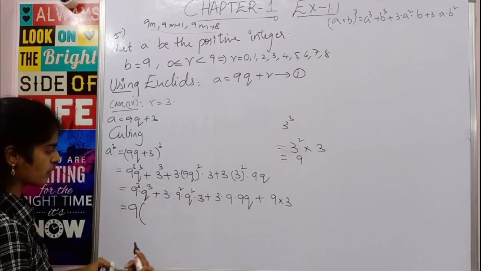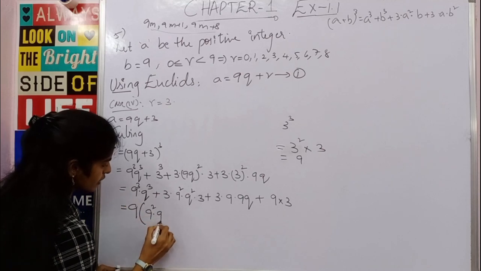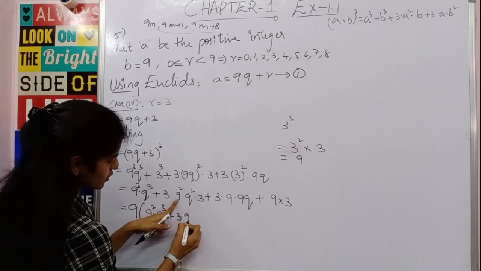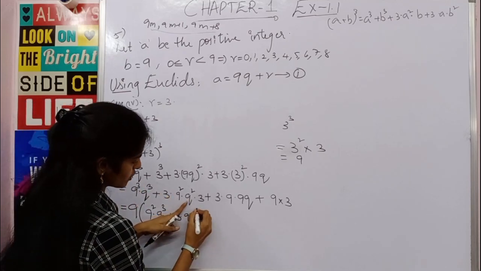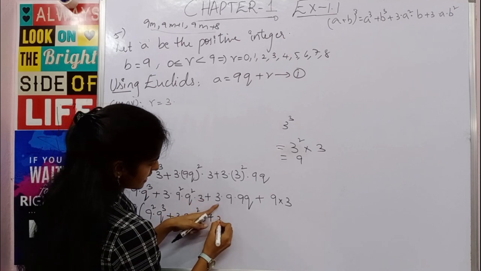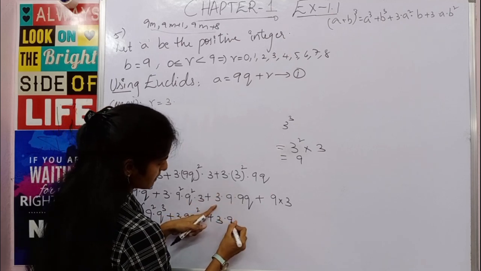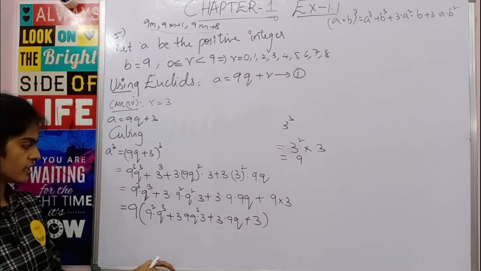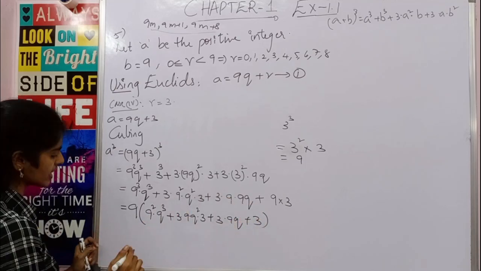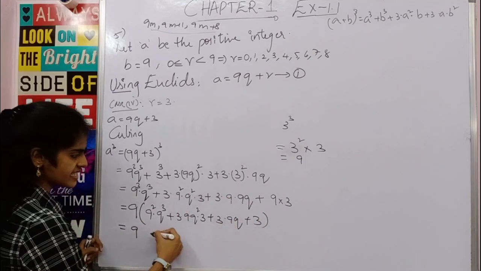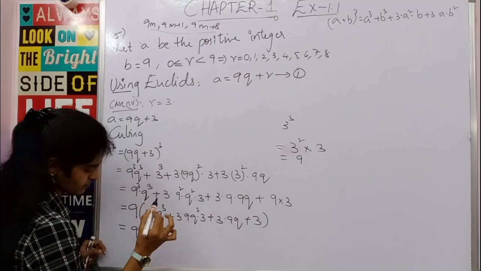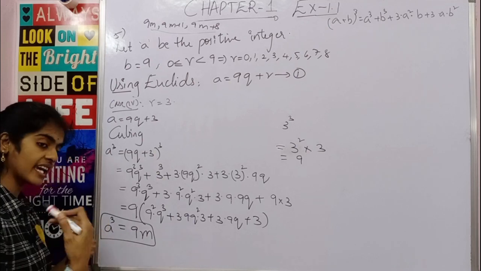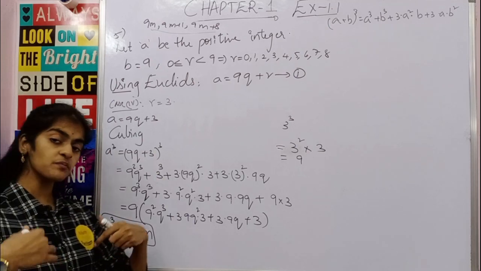It is 9 square q cube, plus 3 multiplied by 9 is common, so you are left with another 9 into q square into 3, plus 3 multiplied by 9q, plus you are left with 3. So everything is there. Now it is 9 into this entire thing in the bracket, let me take it as m. So cube of a number, I got it as 9m again.